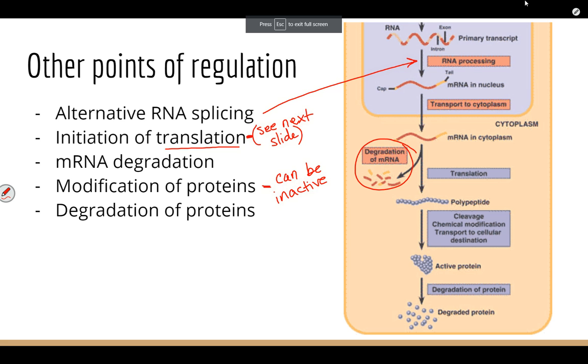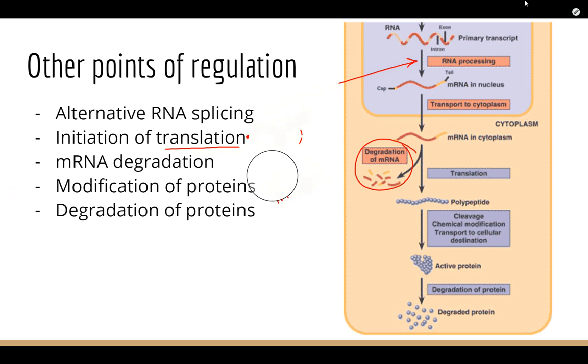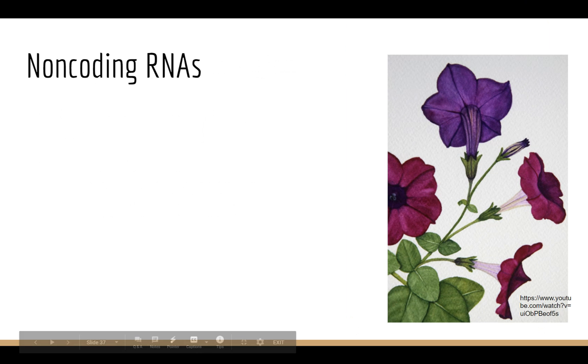So we're going to go back and talk a little bit about that initiation of translation part. In recent years, as scientists have studied this more and learned about things like genetic switches and how genes can be controlled and turned on and off, they found that there's more happening in our DNA than we realized.